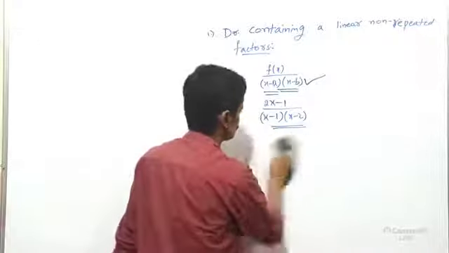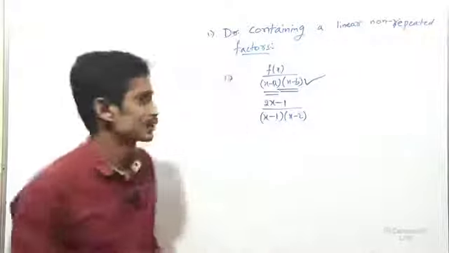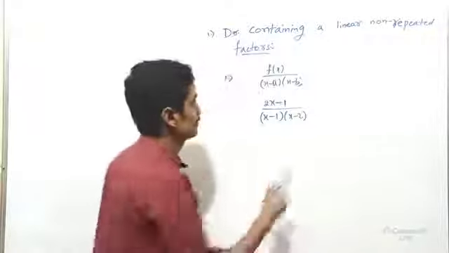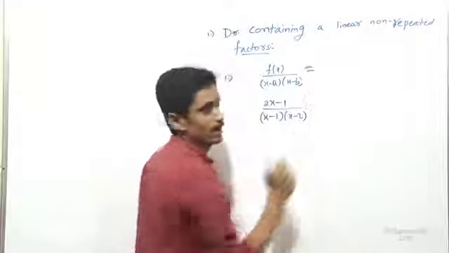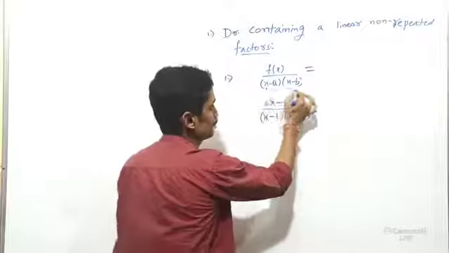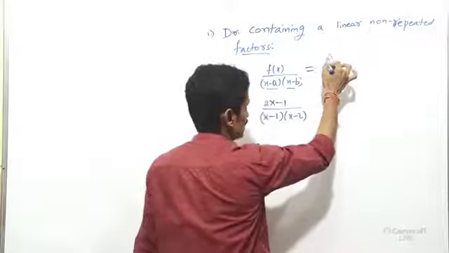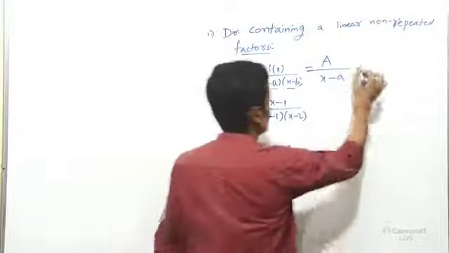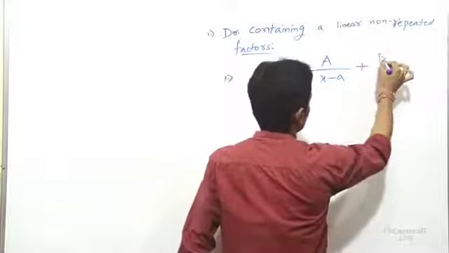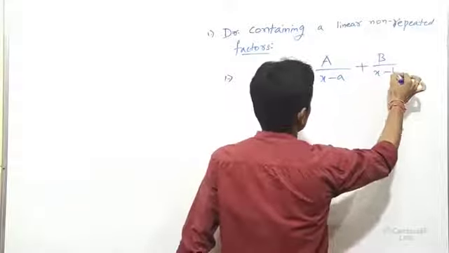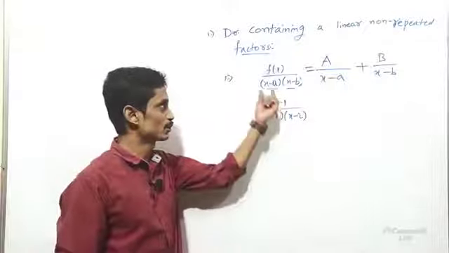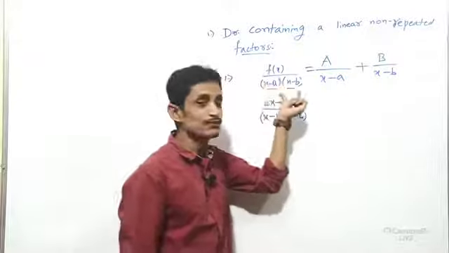So now in such a situation, how to split this one? In the RHS part, when we have two factors, we write a divided by the first factor plus b divided by the second factor. This is rule number 1. When you have a quadratic polynomial, you will get two factors.